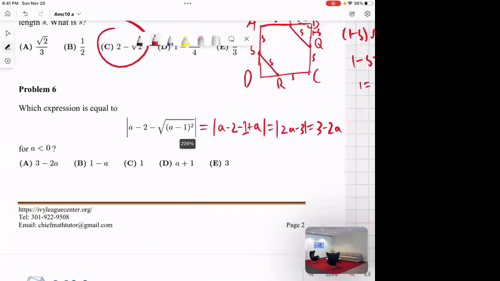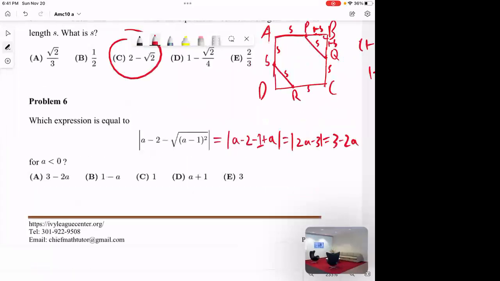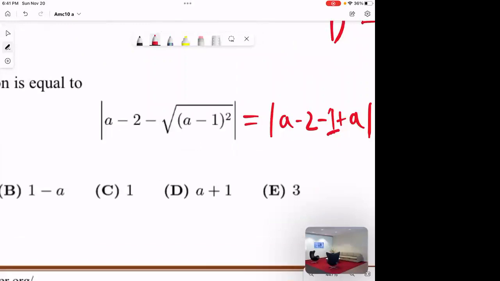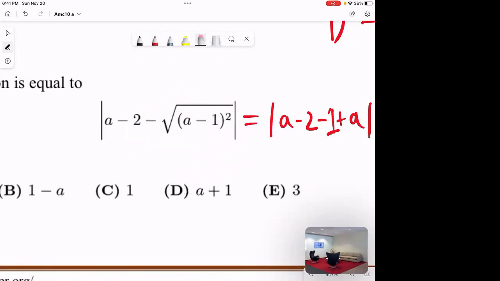So there's 2 ways to solve this problem number 6. There's the normal way, like the straightforward way. So A as a negative number, A minus 1 squared. So we just move from here to here and then use this absolute value equation. So then we have A minus 1 squared, square root of that.